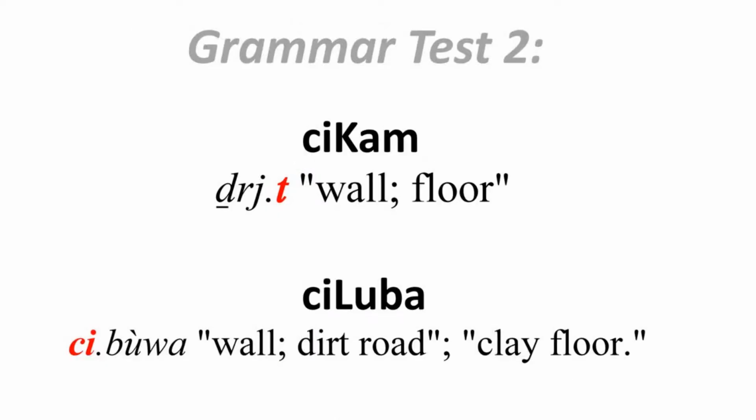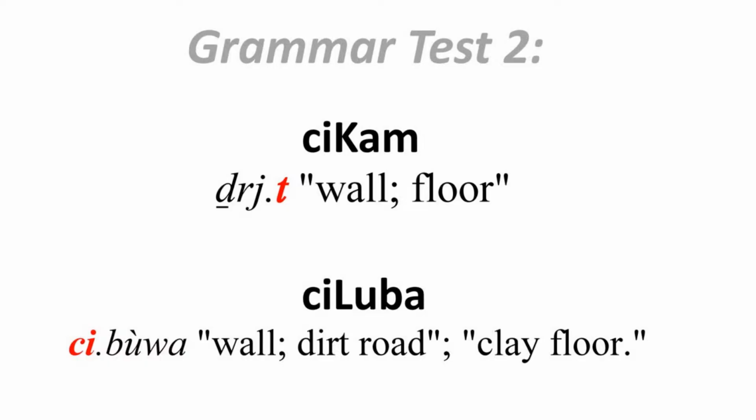And so a second test that I wanted to do in comparison of Chiluba and Egyptian, or Chicam, is: does the T suffix in Egyptian and the Chi prefix in Chiluba still correspond even when the roots of the words to which they are attached are not cognates?